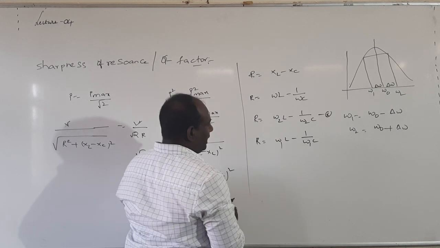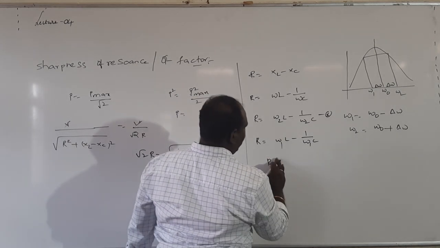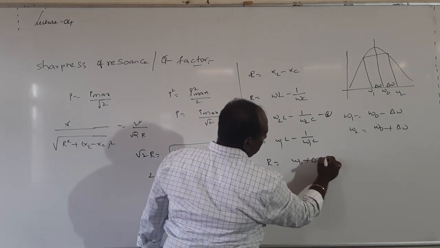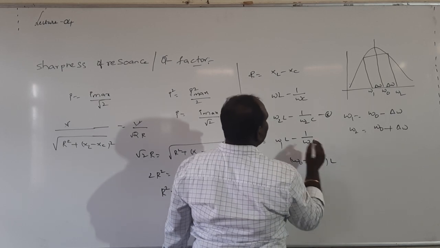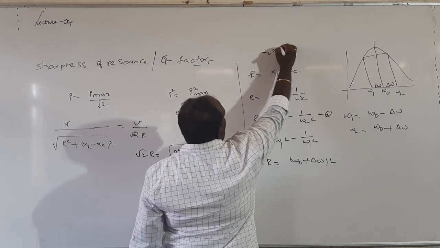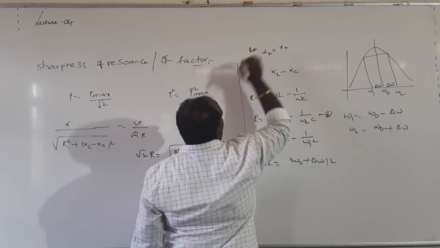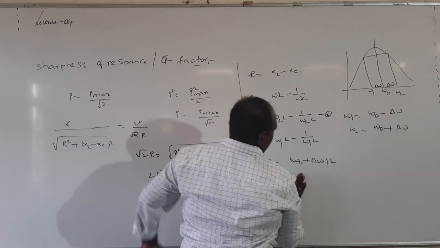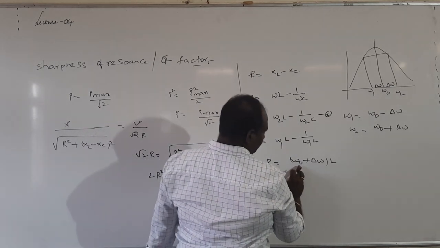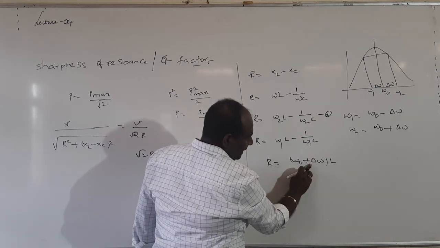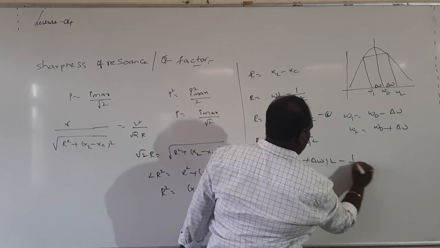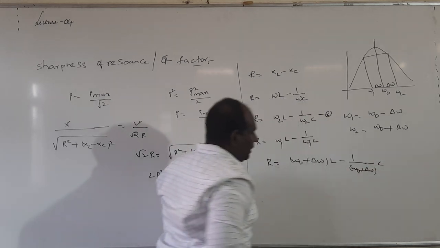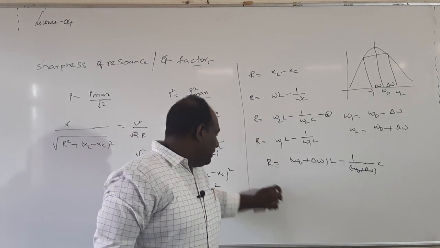By using this equation, I am going to write R is equal to, what is omega 2? Omega 2 value is omega naught plus delta omega, into L. At resonance, what is the condition? At resonance XL is equal to XC. That also remember. R is equal to omega naught plus delta omega into L minus 1 by omega naught plus delta omega into C. Now I am going to take omega naught common in these two terms.